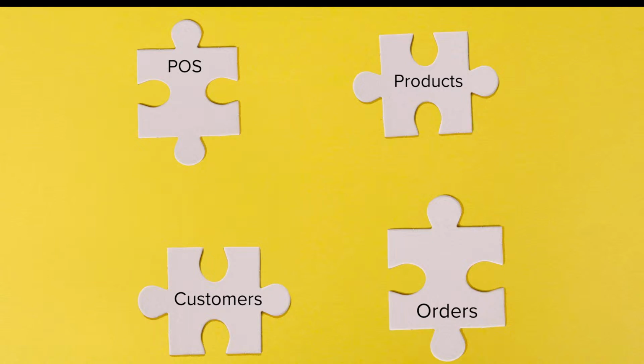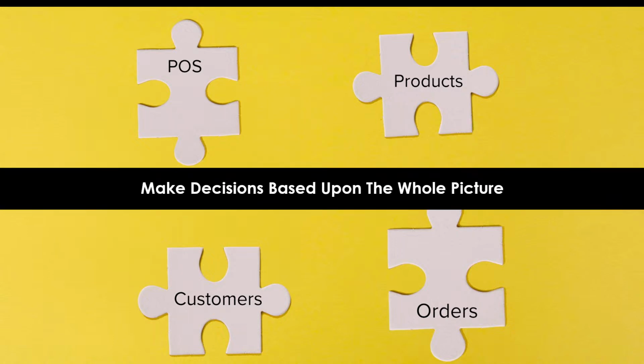If you've got everything in a separate place, it's really difficult to make quality informed decisions. With the unified commerce strategy, the idea is to take all of these puzzle pieces and put them together, so now you can make your decisions with all of the information. You have a complete picture, so the things you're doing apply to everything.